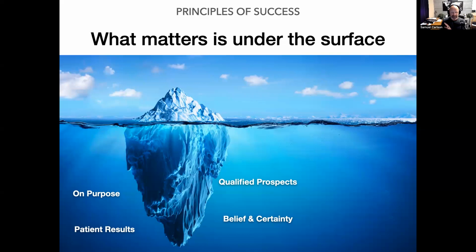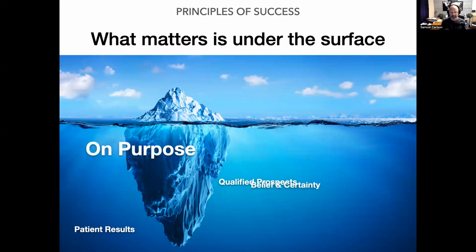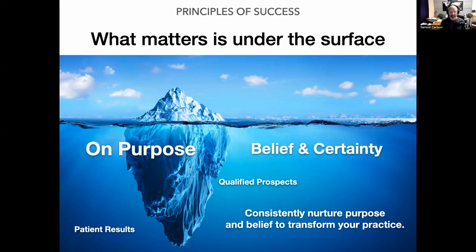And specifically, if I were to tell you what is going to make the biggest difference in your marketing, in your business, it's going to be a combination of these two things. Having a purpose, under both you and your team, understanding why you do what you do, and then having belief and certainty in what you're doing. The reality is, if you consistently nurture purpose and belief, that will transform your practice almost quicker than anything else.